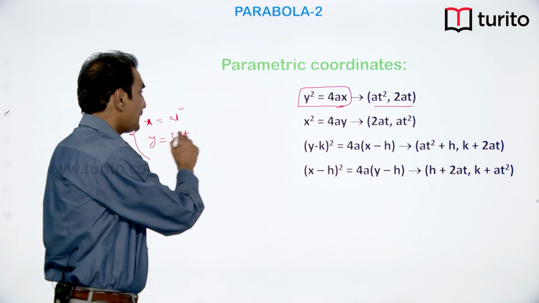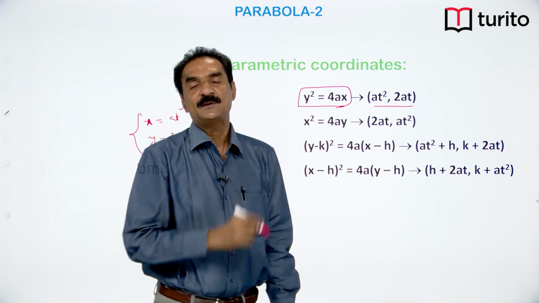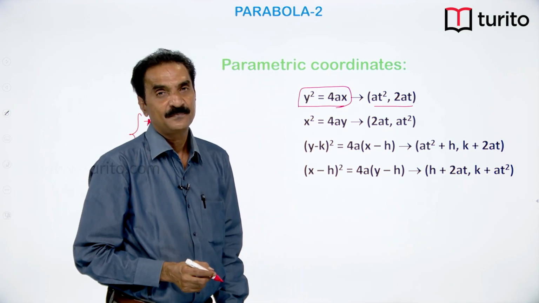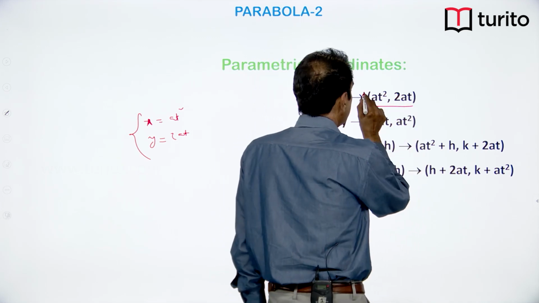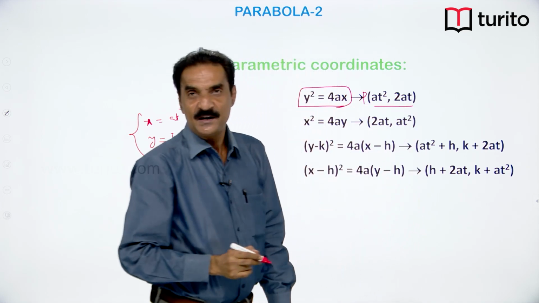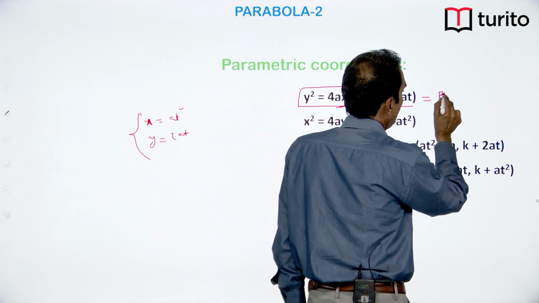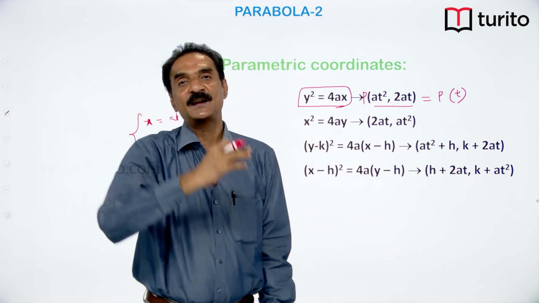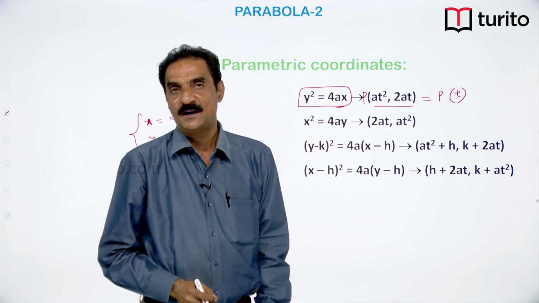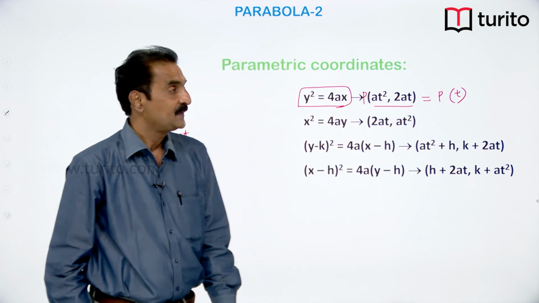If you take the point (a t square, 2at), it always lies on the parabola for any value of t. This is called a parametric point. Suppose the point is P (a t square, 2at). In further classes, we are going to write it as P of t, meaning point P in which the parameter is t.